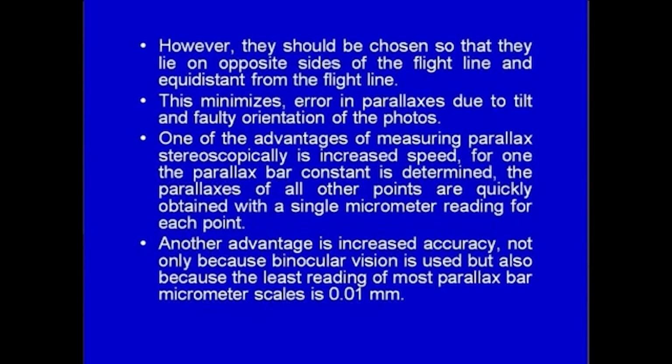One of the advantages of measuring parallax stereoscopically is increased speed. Once the parallax bar constant is determined, the parallaxes of all the points are quickly obtained with a single micrometer reading for each point. Another advantage is increased accuracy, not only because binocular vision is being used, but also because the least count of most parallax bar micrometer scales is 0.01 millimeter.